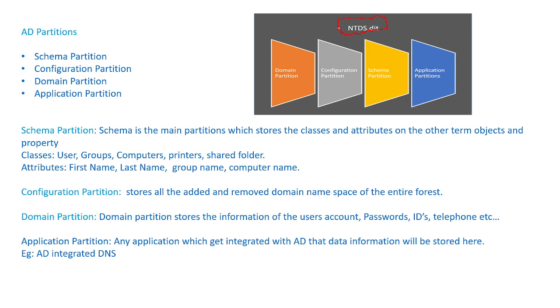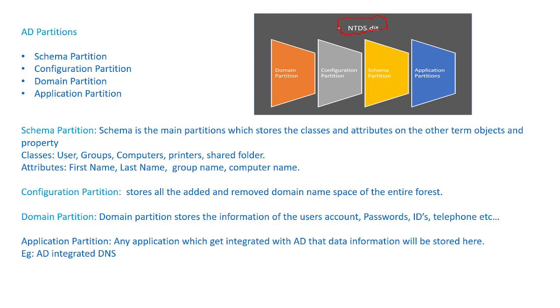NTDS means New Technology Directory Services, and dit means Directory Information Tree. This is the file extension of the Active Directory database. If somebody asks you what is ntds.dit or what is the Active Directory database, you have to tell them ntds.dit is the Active Directory database.